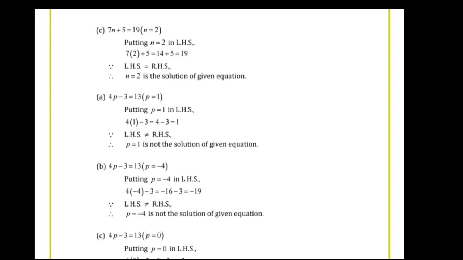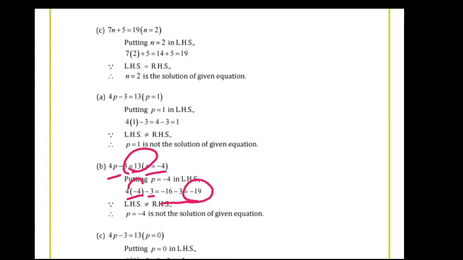Then after, 4p minus 3 equals 13. Here it is given that the value of p is minus 4. Now if we put the value of p as minus 4 in this equation, 4 times 4 is 16, so minus 16 minus 3 equals minus 19, but in the question it is given as 13.